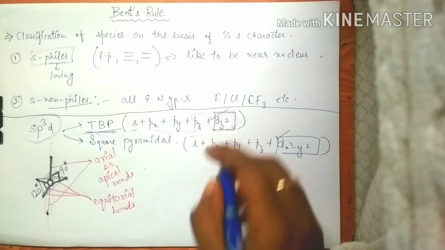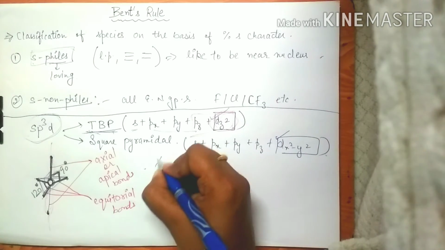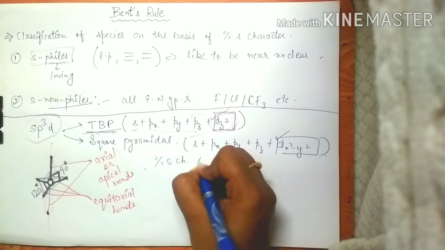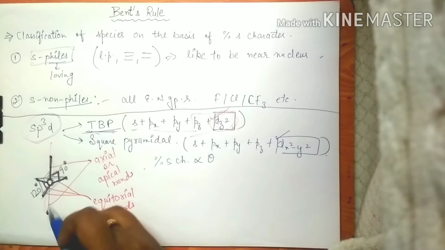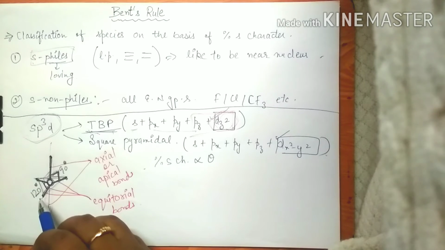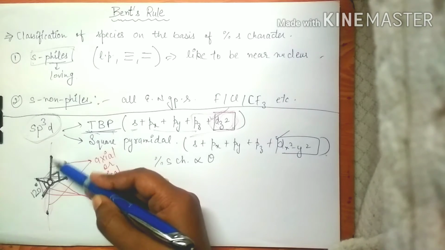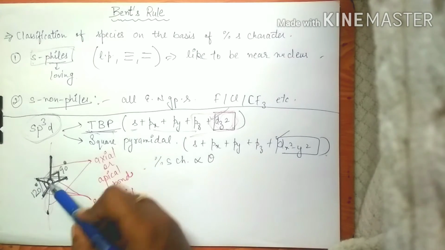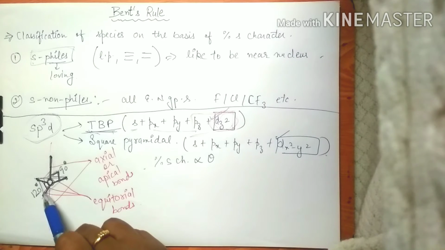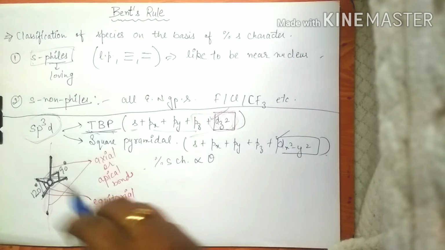Now we know that percentage S character is directly proportional to the angle. So your axial bonds have an angle of 90 degrees and your equatorial bonds have an angle of 120 degrees.